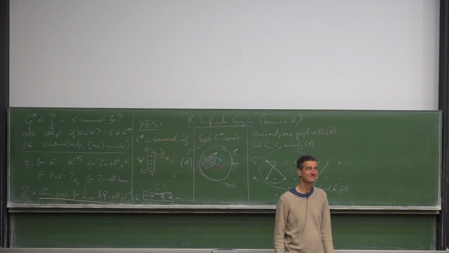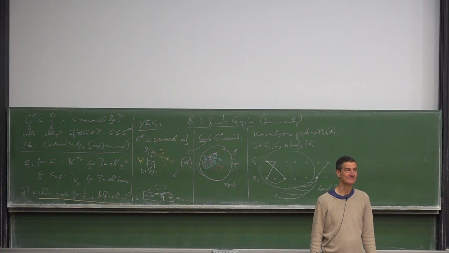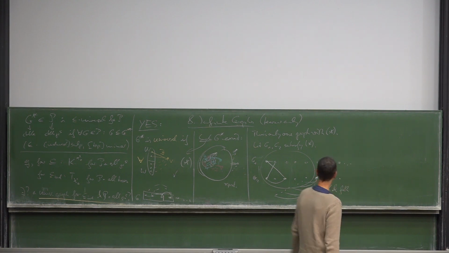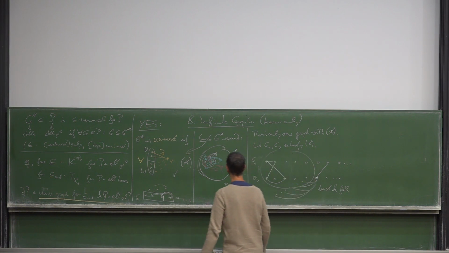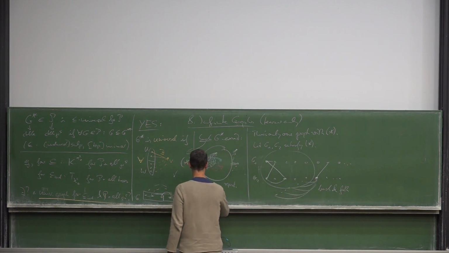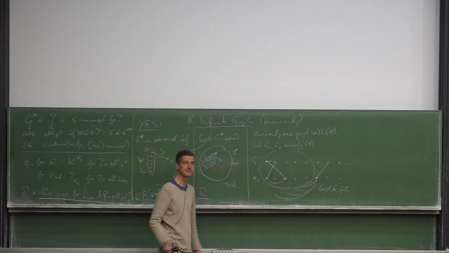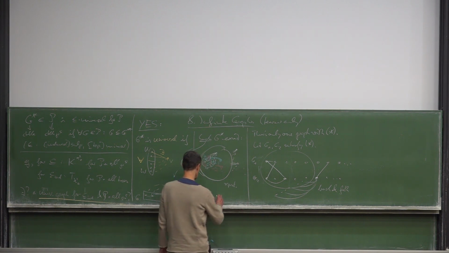More questions? Okay, so this graph is called R for Rado.